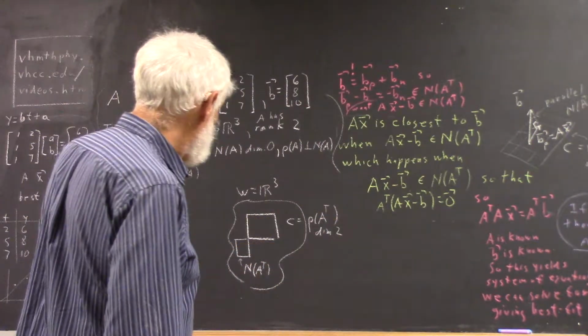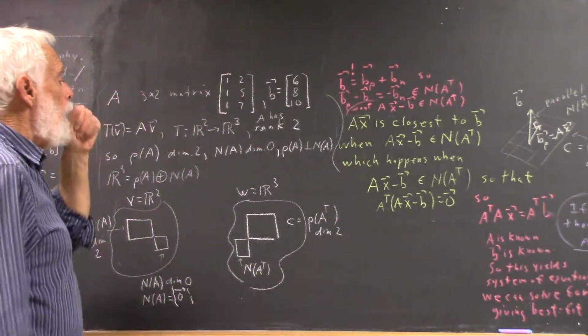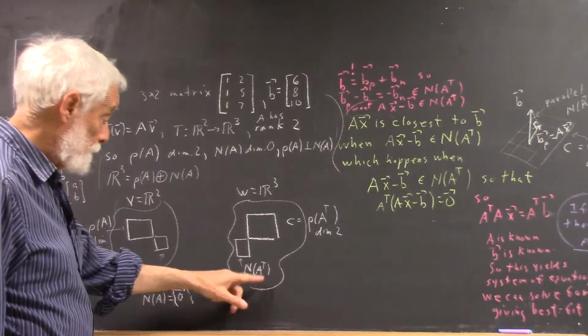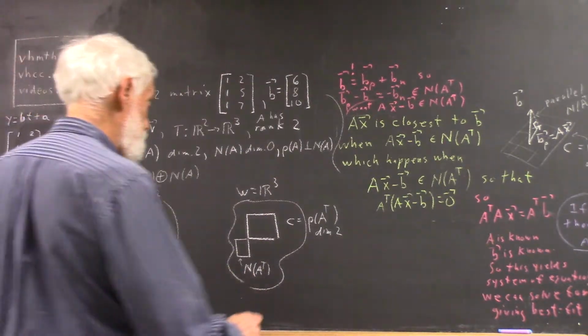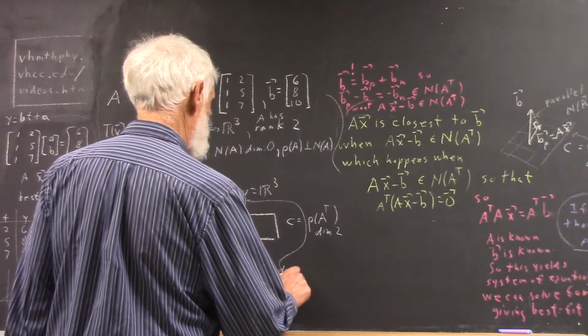Okay, and then we have the null space of A transpose. Now, what's the dimension of this null space? This is of dimension 1.